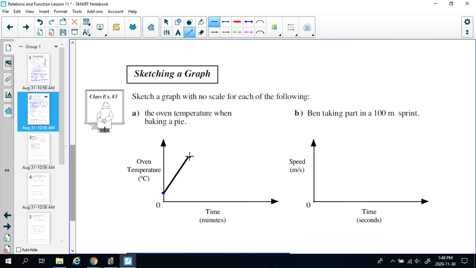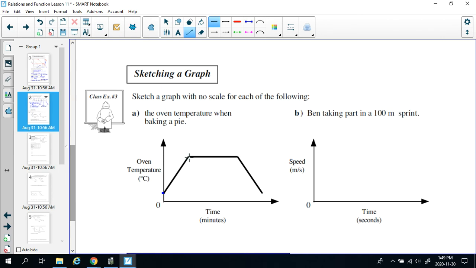And then you cook this pie at a constant temperature until it's done. And then you take the pie out of the oven and then you turn it off. So if you turn it off, then it would cool down. So then it would come back down to that room temperature.